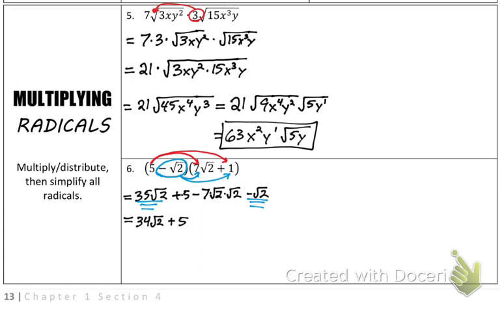I'm also going to note what happens when you do square root of 2 times square root of 2. You get square root of 4. And what's the square root of 4? 2. Anytime you multiply a square root by itself, you cancel out the square root. So square root of 3 times square root of 3 is 3. Square root of table times square root of table is table.